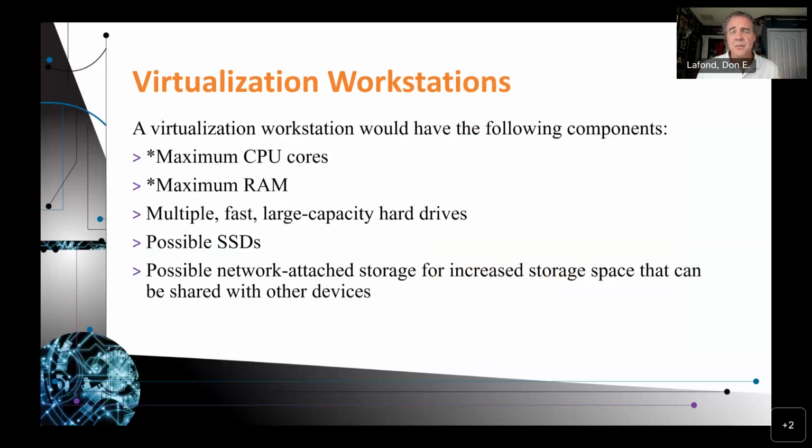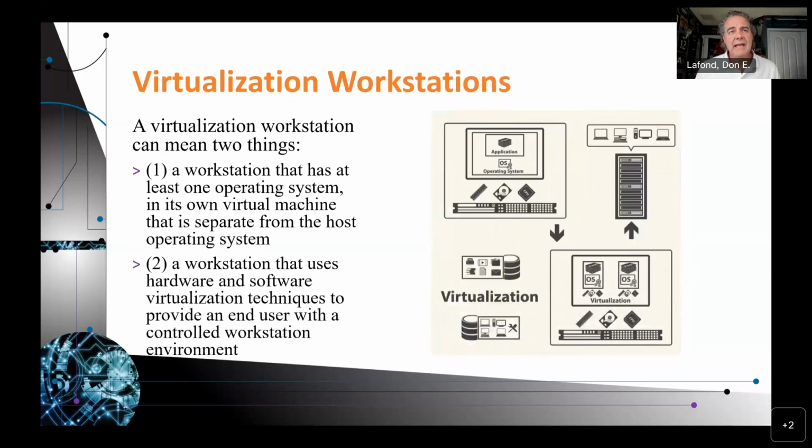The virtualization workstation has maximum CPU cores, maximum RAM, multiple fast, large capacity hard drives, possible SSDs, possible network storage devices. That's the virtual workstation. That's actually part A here, where you have one powerful computer that's running virtual machines that have lots of other operating systems on it.